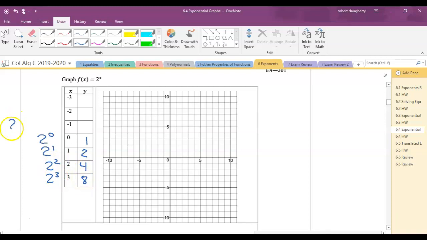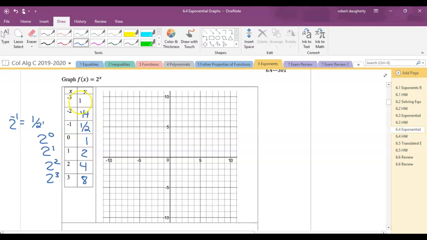What is 2 to the negative 1? How do I rewrite that with a positive exponent? That's 1 over 2 to the 1. What's 1 over 2 to the 1? 1/2. Okay. 2 to the negative 2 is what? 1 over 2 squared, which is 1/4.